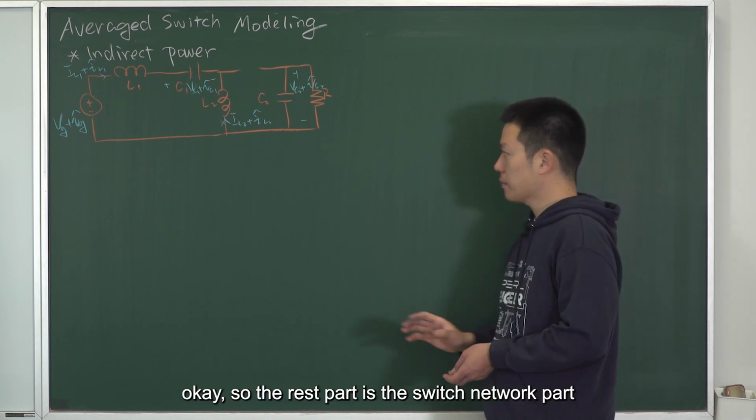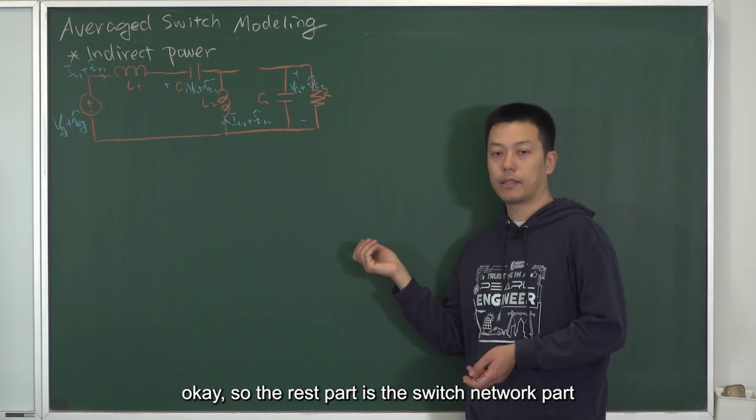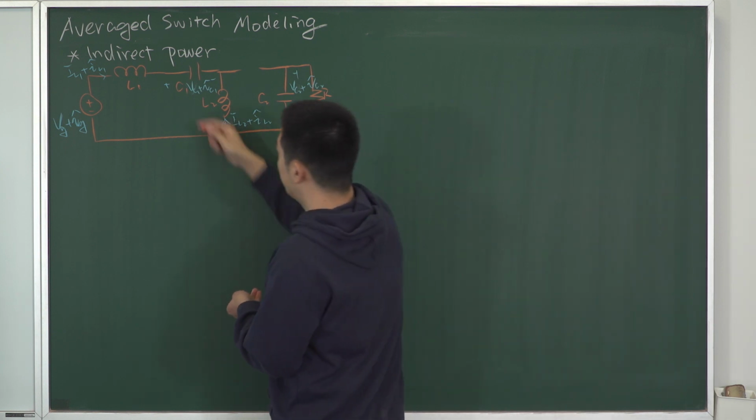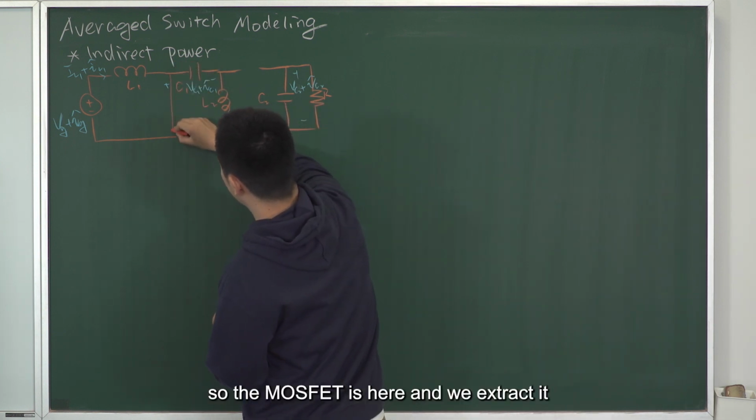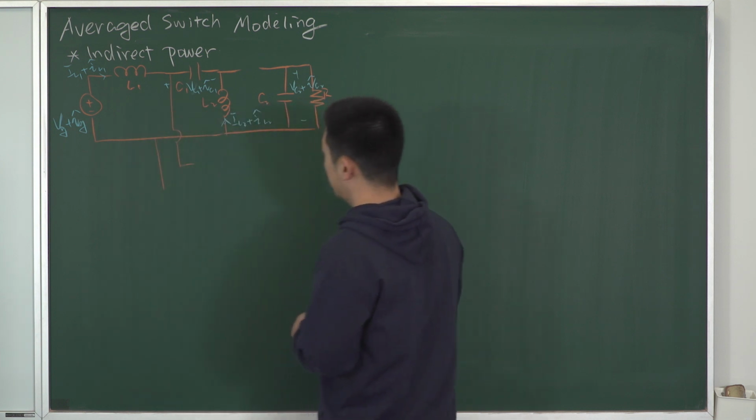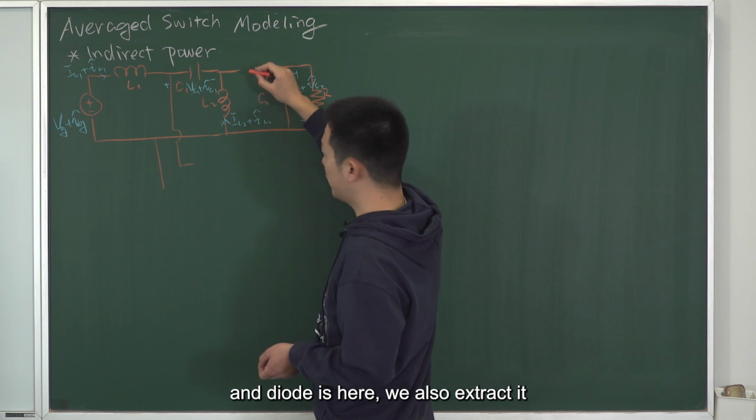Okay, so the rest part is the switch network part. So the MOSFET is here, right? We extract it. And diode is here, we also extract it.